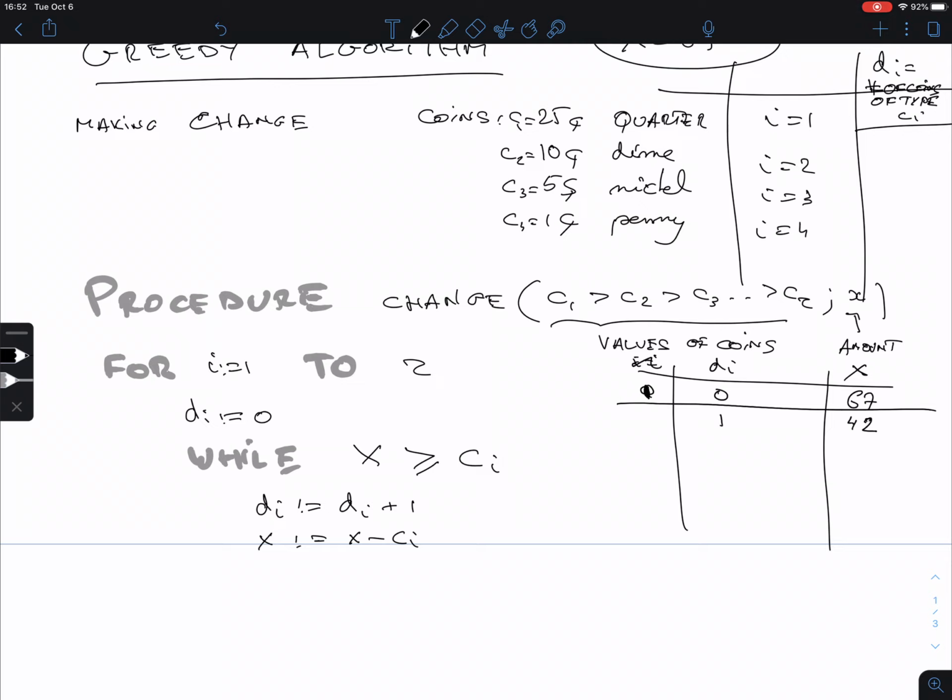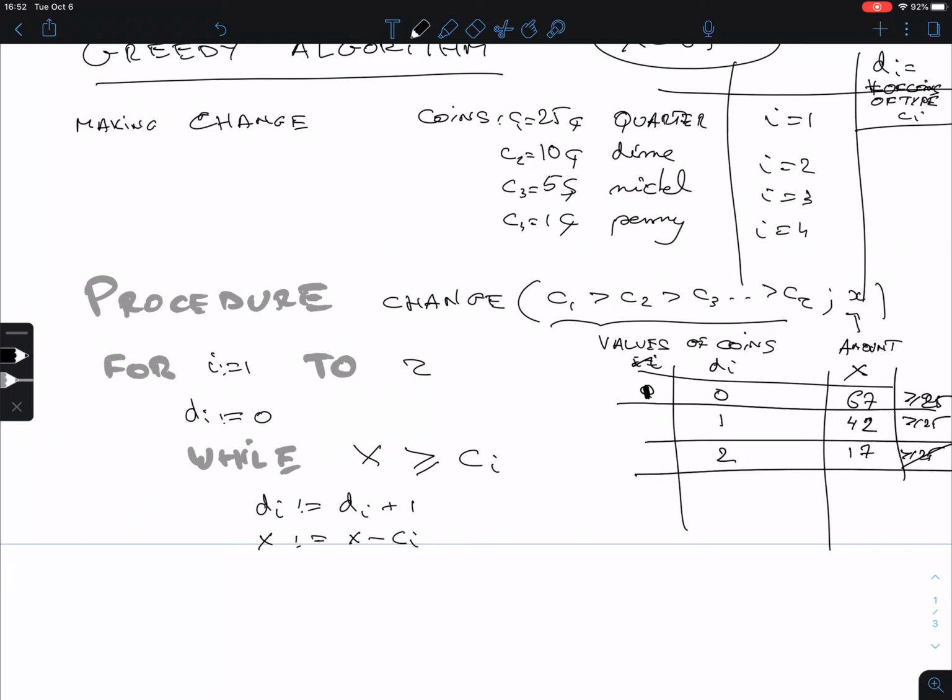Now the condition is still satisfied. 42: remember, this is the question here, is this bigger than c1? Is this bigger than 25? Yes. So as long as this is the case, i is not going to change. So I'm going to again take a 25 coin, and then what is left is 17. Is this bigger than 25? No, no longer the case.